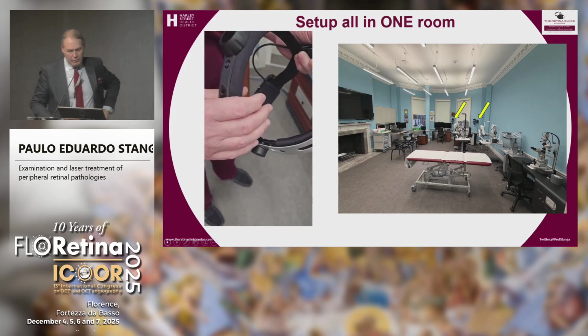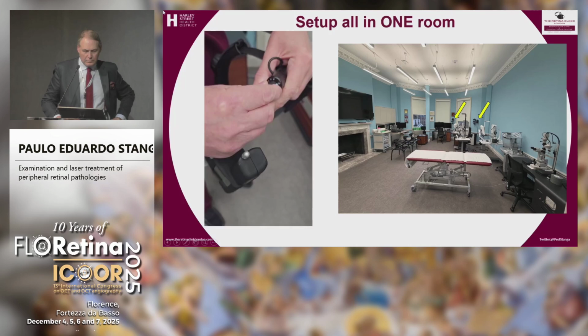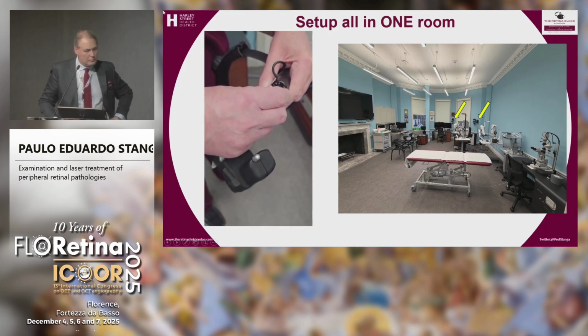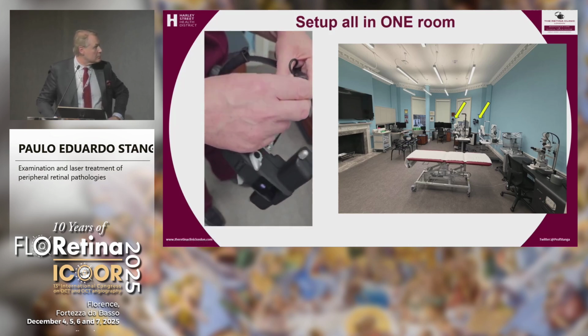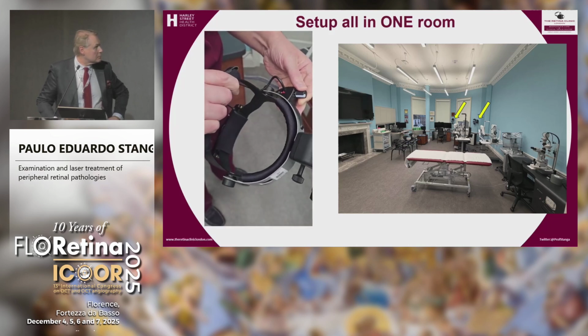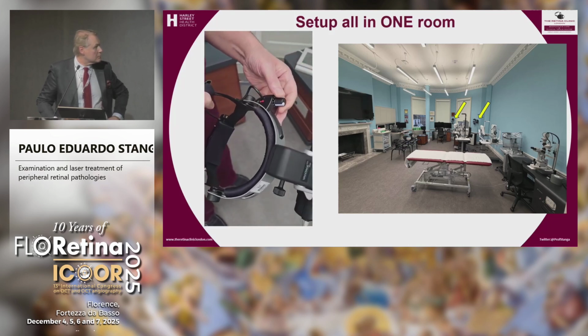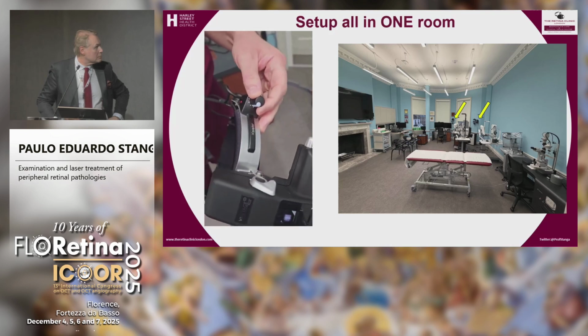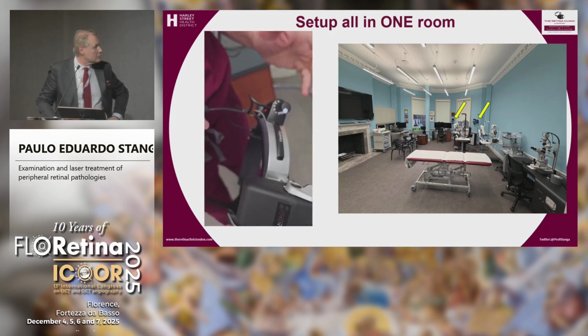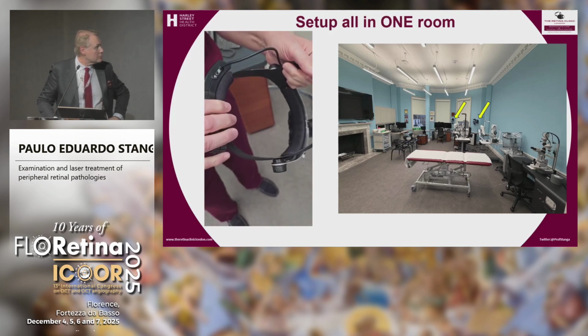I tend to use the large beam. You can modify the intensity of the light, of course. You don't want to start with intense light, otherwise it's very uncomfortable for the patient. You start halfway through, and then if you need, you move up with intensity.